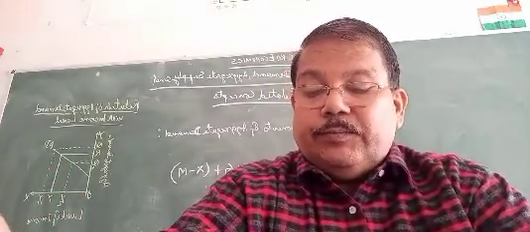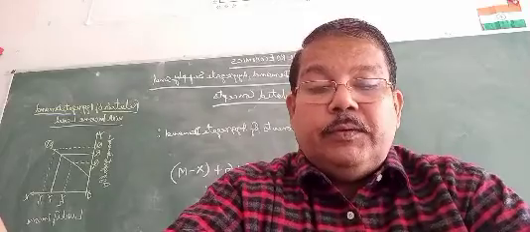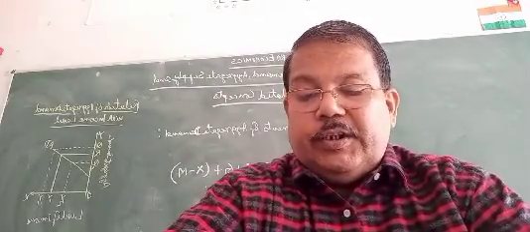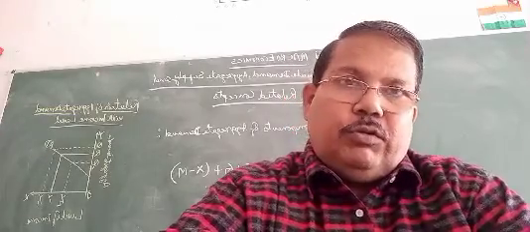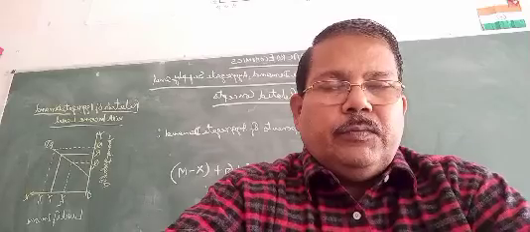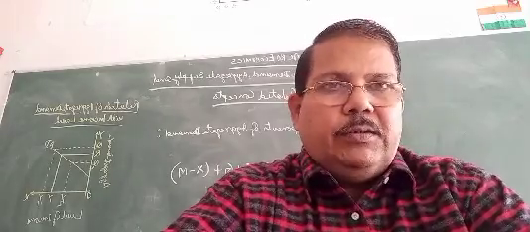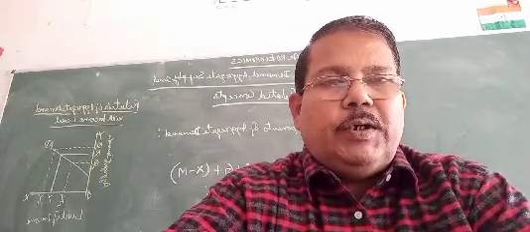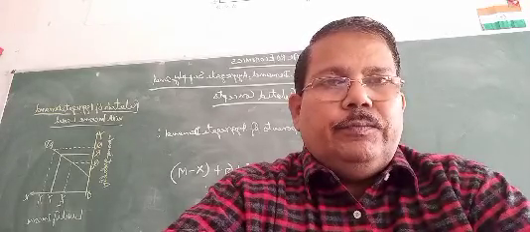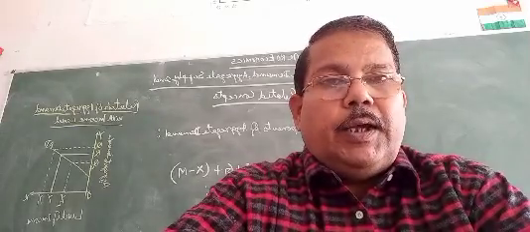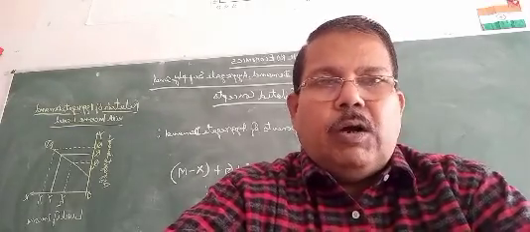Let us consider components of aggregate demand or aggregate expenditure in a four-sector economy. Whom do we consider in the four-sector economy? That is consumers, firms, government and the outside world.